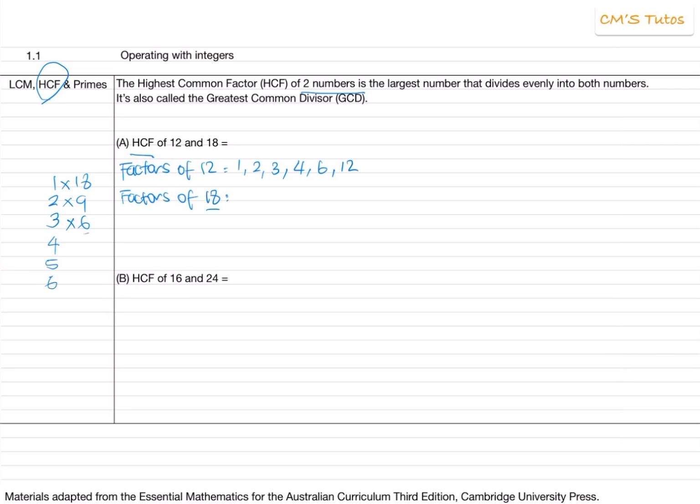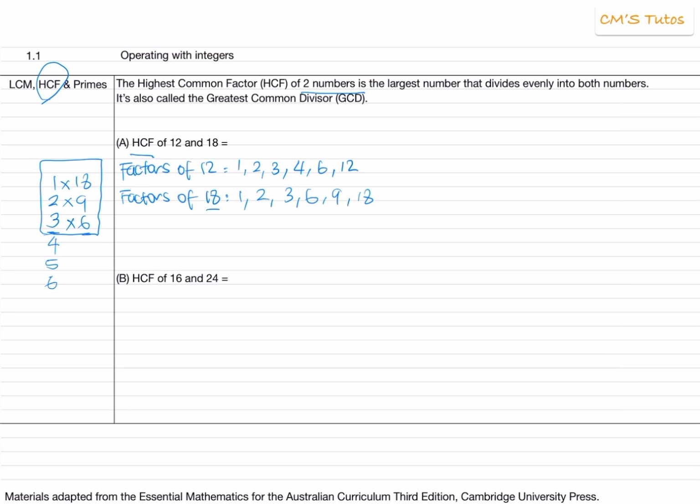Well, 6 is here already, we know 6 multiplied by 3. So if the number repeats, that's when we know that we can stop looking for factors and we can now list them: 1, 2, 3, 6, 9, 18. That's how I find the factors of 18.